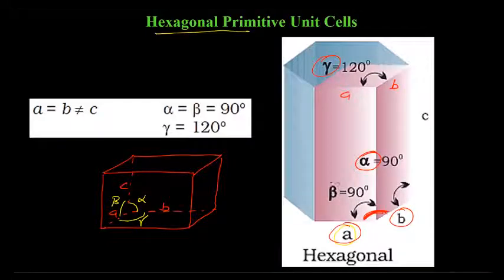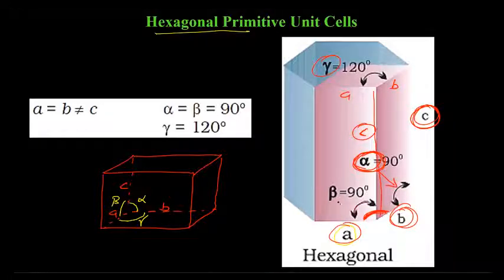So beta will be actually between C and A. So alpha will be between B and C. So this is B, this is C. This is alpha between B and C. Beta will be between A and C. So this is C, this vertical line.